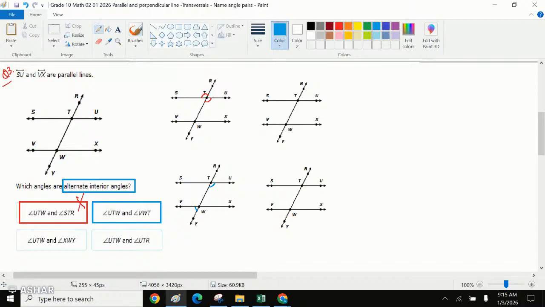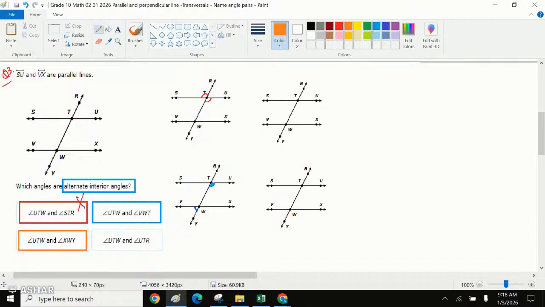Yes, they are alternate interior angles, right? Because we know that if this was the angle, then this angle should be the same, right? Yes, they are. The next one, let's see if there are more than one.